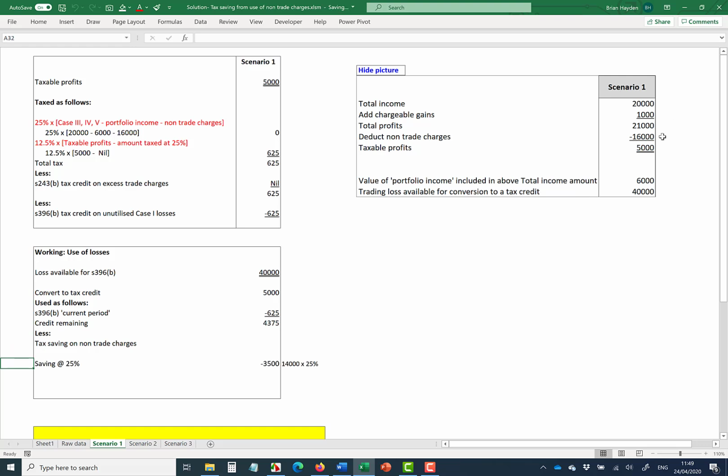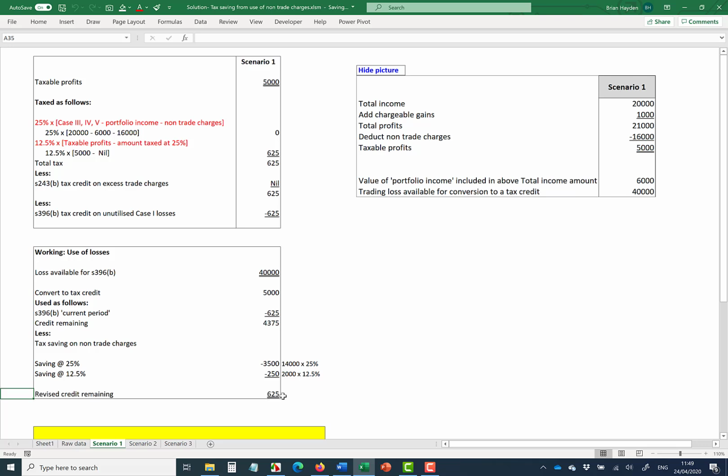So saving at 25%, 14,000 by 25% gives us a saving of 3,500. And then the balance of the non-trade charges, which is just 2,000, we used 14 up here, and that's out of 16, so there's another 2,000 was used to reduce 12.5% income.